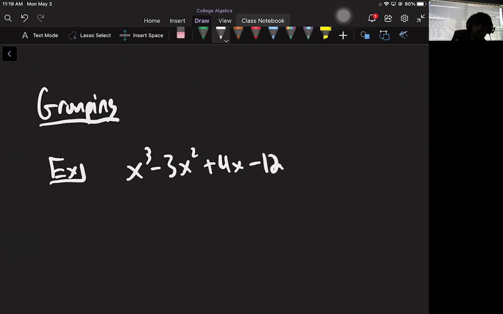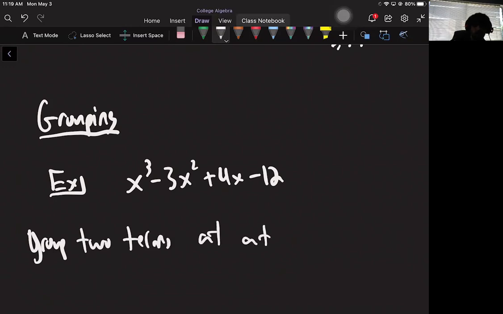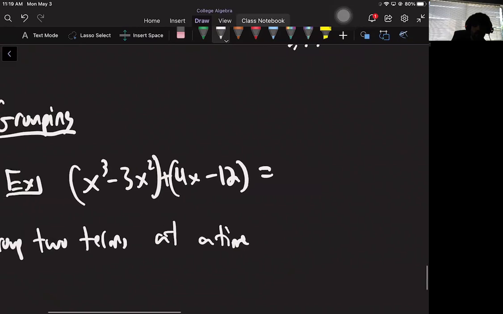So what we do is we do what we just learned in 2 parts. So we group, hence the name, group 2 terms at a time. We're going to think of these 2 being together and these 2 being together and factor them like how we just learned.